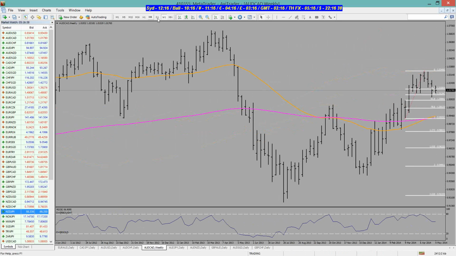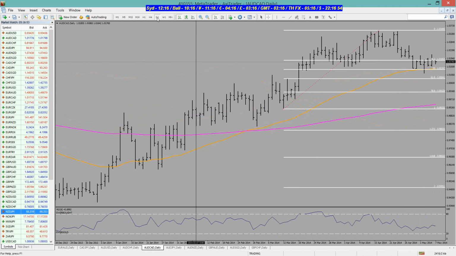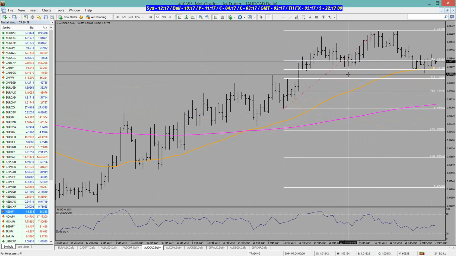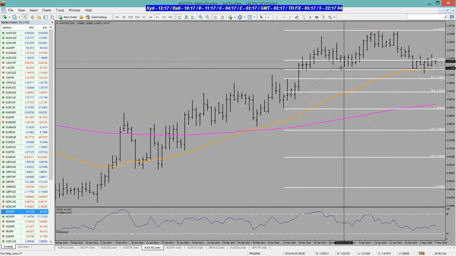Or you're going for that one there, which is above the price. That low there is that there. So it's not a very strong horizontal, but I'd be going off these lows here as my horizontal.